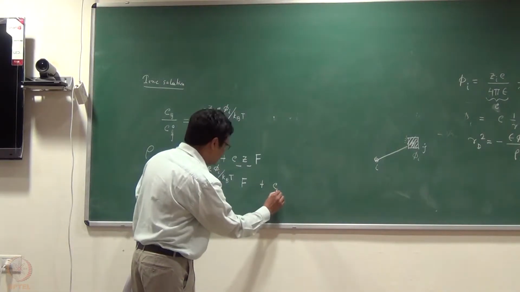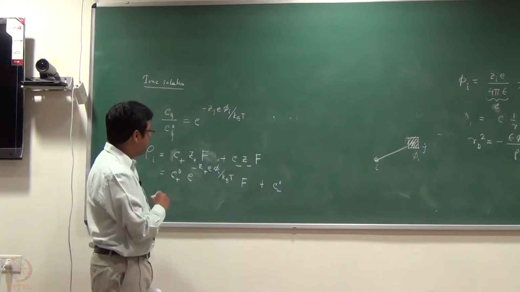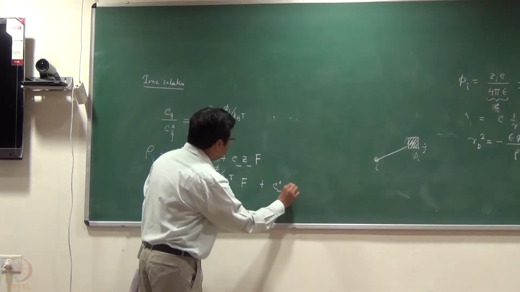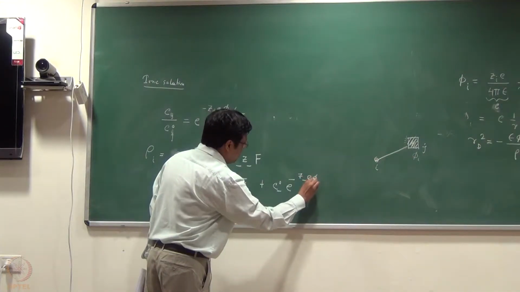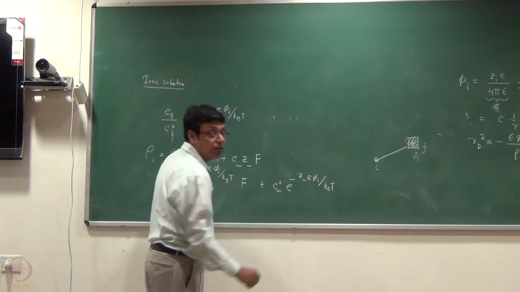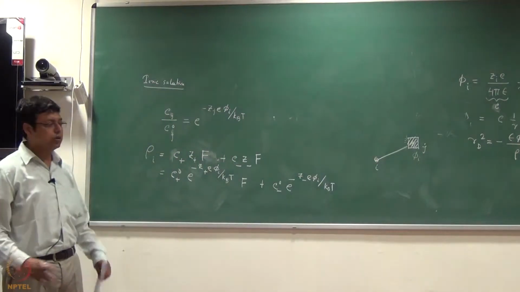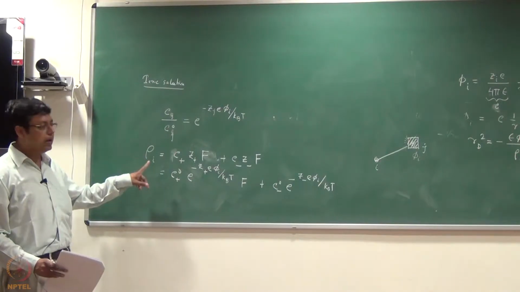Similarly, I can write C minus the same way: C minus 0 times e to the power minus Z minus E phi I divided by kBT. Clear? So this is the charge density. How do you get the charge density?